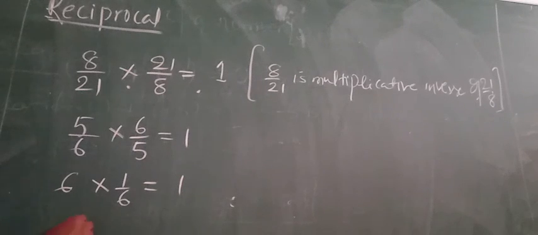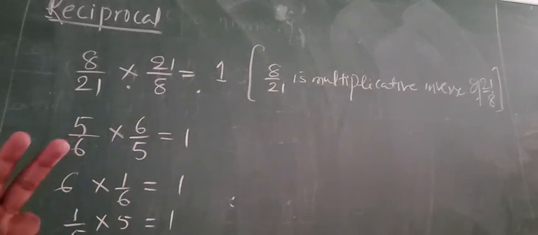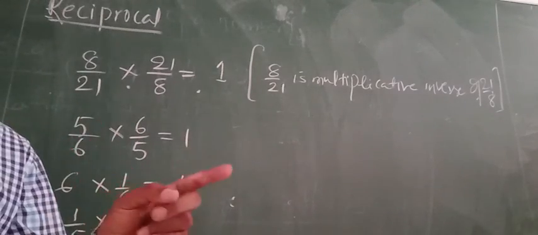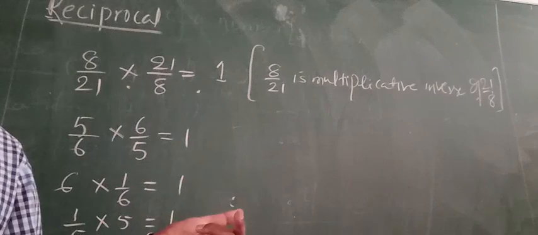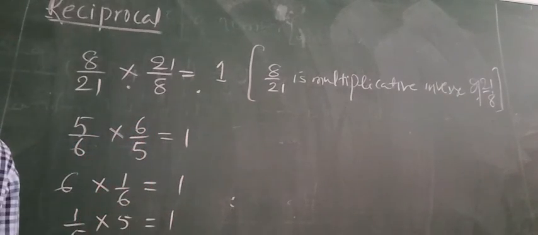Or what is the multiplicative inverse of 1 by 5? Just 5, that is 5 by 1, or just 5. So they are the multiplicative inverse to each other. So the condition is, when you multiply two numbers, if you get the product as 1, then we can call them multiplicative inverse to each other.